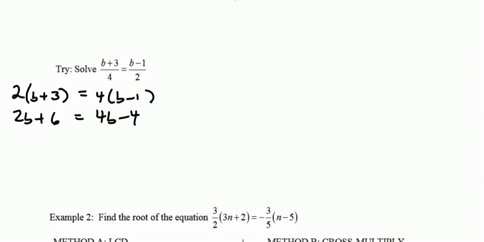And now I've got to rearrange things. So why don't I subtract 2b from both sides? So this is 2b minus 2b plus 6 equals 4b minus 2b minus 4.